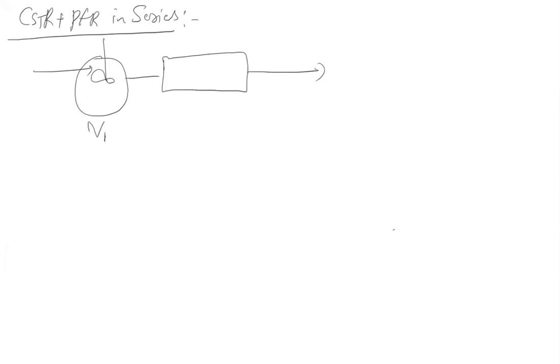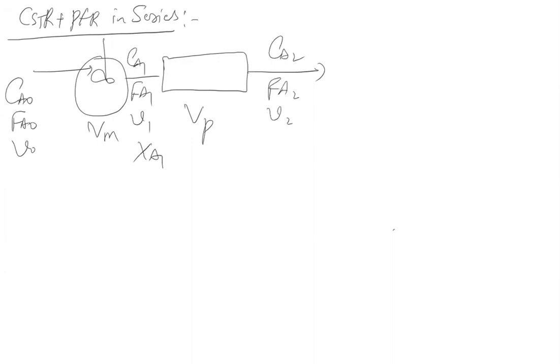So this is VM, this is VP, Ca0, Fa0, V0, Ca1, Fa1, V1, and here the conversion is Xa1, Ca2, Fa2, V2, here the conversion is Xa2. Clear?